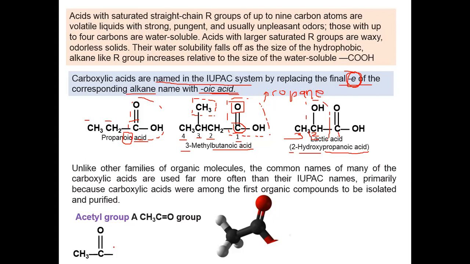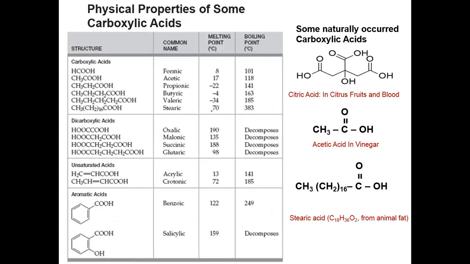If we lack this hydrogen, so we do not have hydrogen here, then it's going to be an acetyl group. Sometimes we need to understand that if there is no hydrogen, it's an acetyl group. There are some common physical properties of some carboxylic acids, some complicated, as you see here, we have 2 carboxyl groups, even 3: 1, 2, 3. See, 3 carboxyl groups.